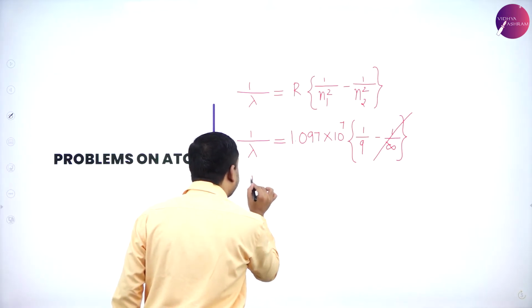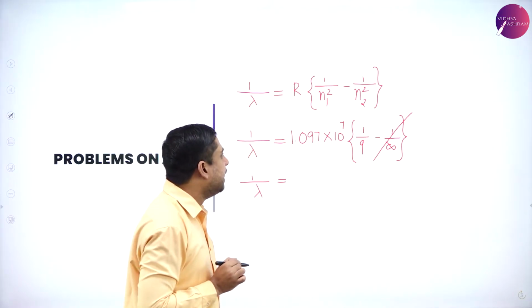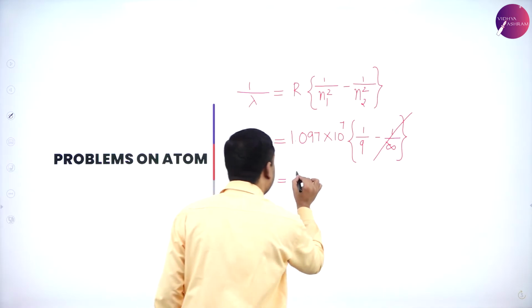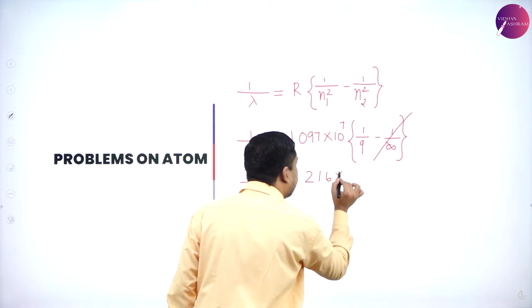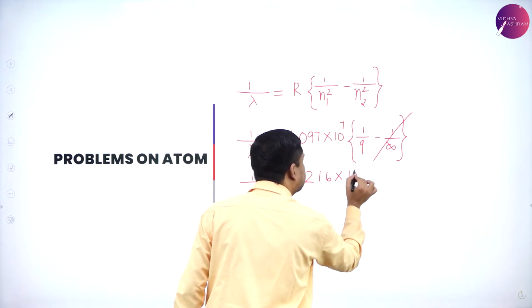So on simplification, 1 by lambda turns out to be 1.216 into 10 power 6.